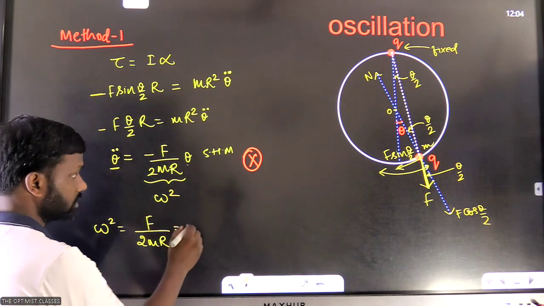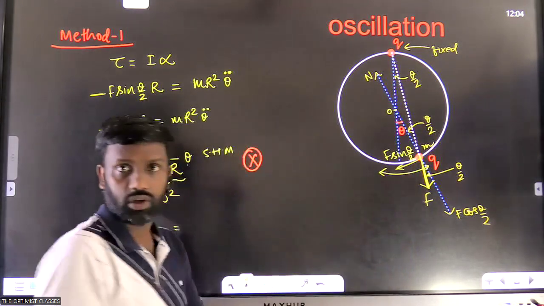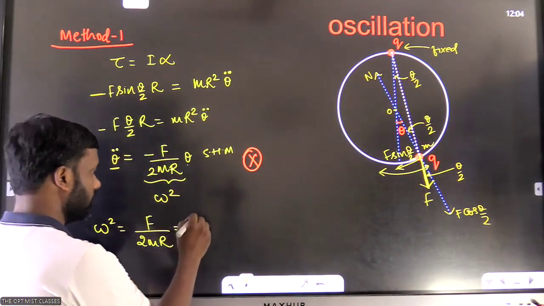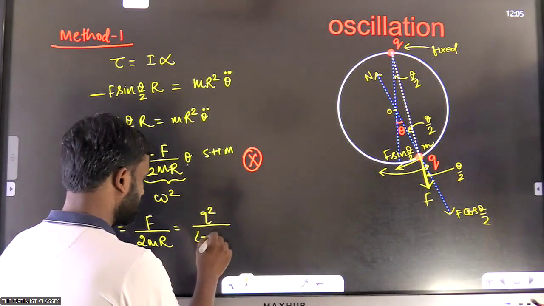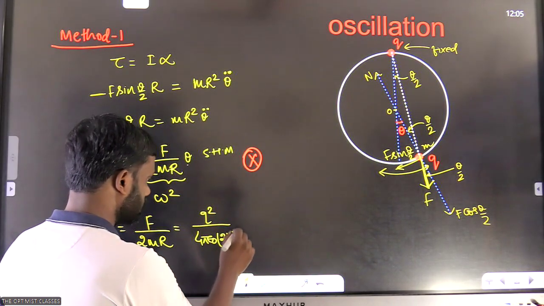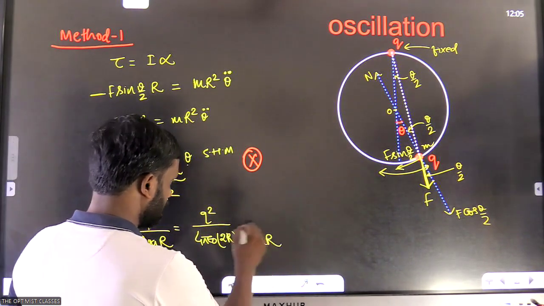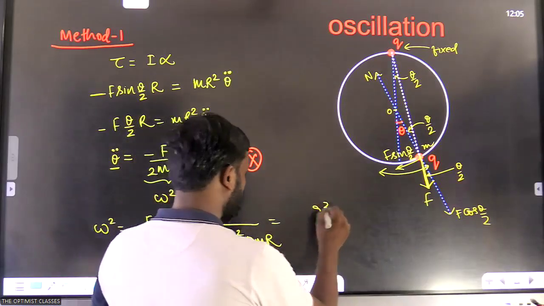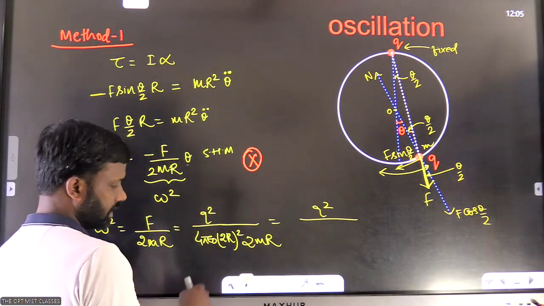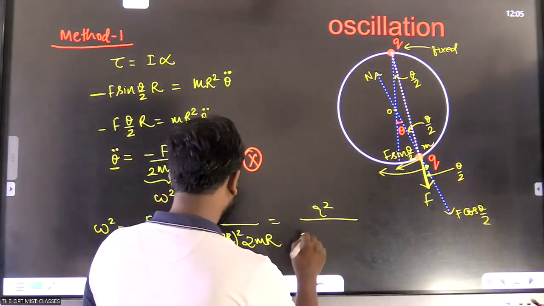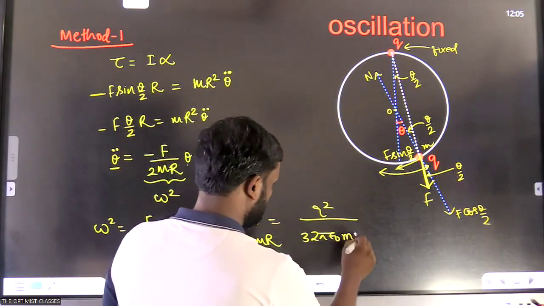Now let's put in the value of force. There is a charge Q and another charge Q, and the separation between them is almost equal to 2R. According to Coulomb's formula, the force is Q square upon 4 pi epsilon naught times 2R whole square. We already have 2mR, so 4 and 2 give us 16 and 2, which is 32. We get omega square equals Q square upon 32 pi epsilon naught m R cube.